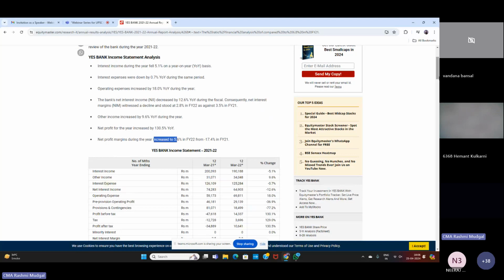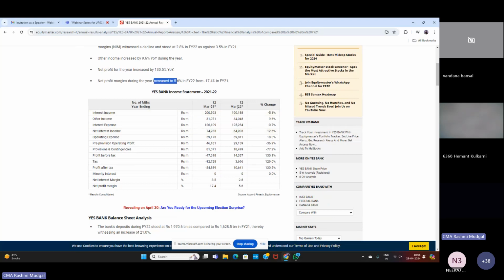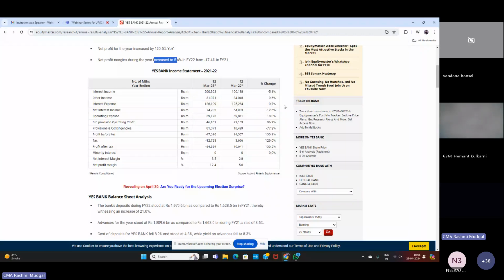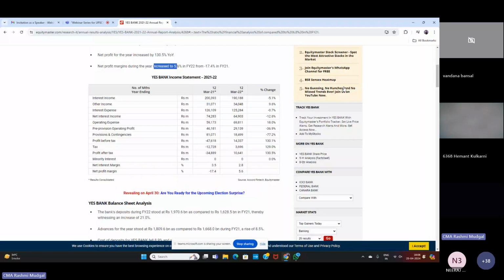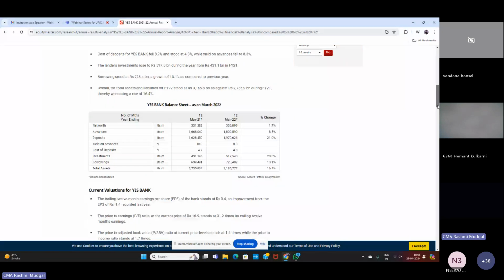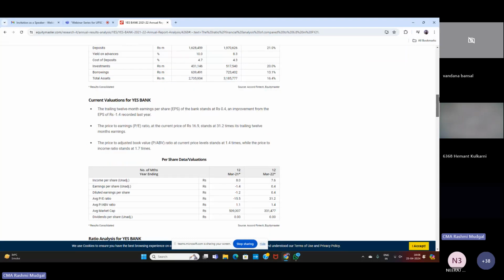That is a comparison from the last year only. The interest income in 22 compared to 21 has decreased by 5.1%. Other income has increased by 9%. Interest expense has decreased by 0.7%. So here we can see the comparison between the expenses and evaluate them as per the increase and decrease and changes in net worth, advances, deposits, everything.